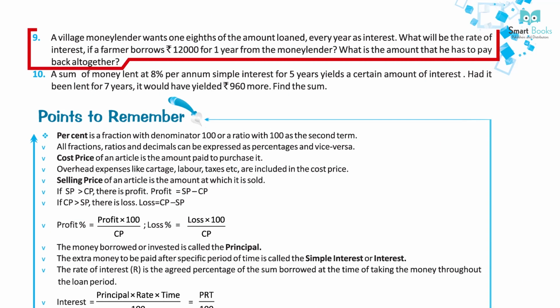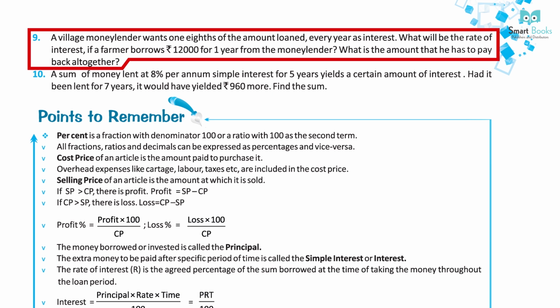Question 9. A village money lender wants 1/8 of the amount loaned every year as interest. What will be the rate of interest if a farmer borrows rupees 12,000 for 1 year from the money lender? What is the amount that he has to pay back altogether? Solution: rate is equal to 12.5%.